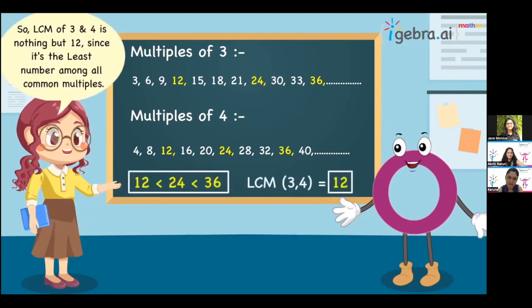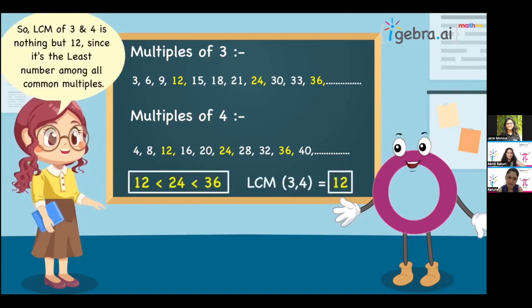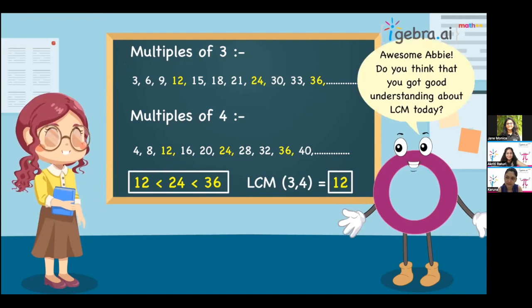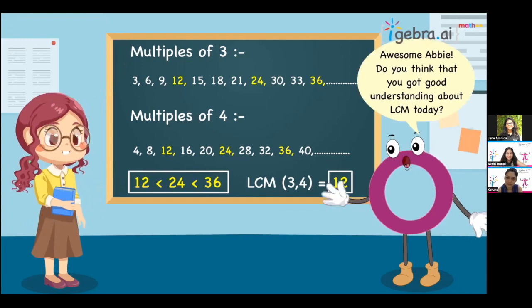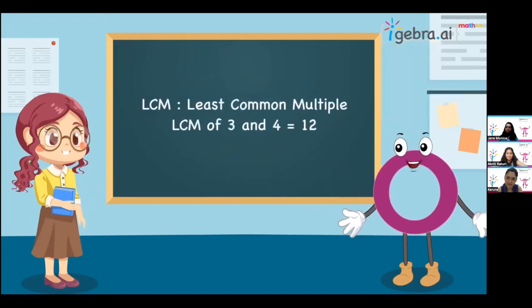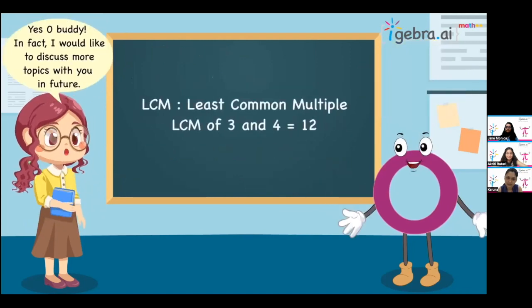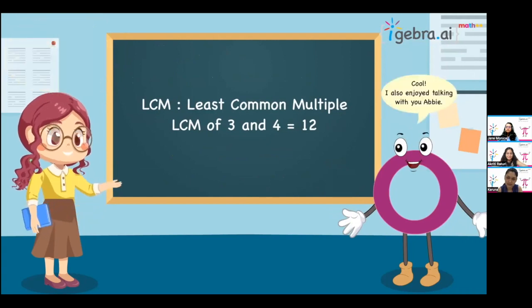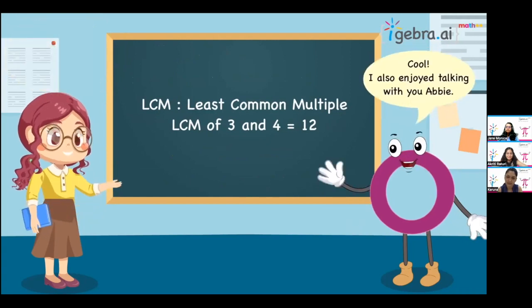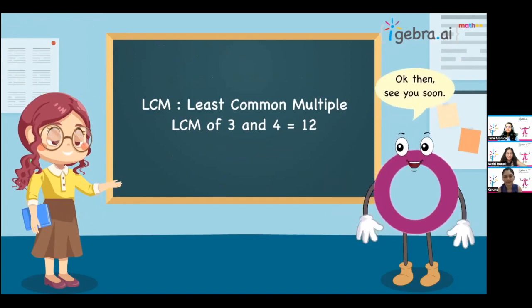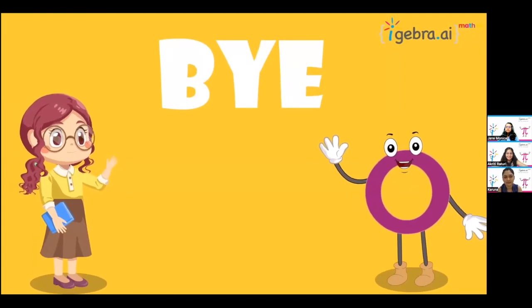So LCM of 3 and 4 is nothing but 12, since it's the least number among all common multiples. Awesome, Abby. Do you think that you got a good understanding about LCM today? Yes, iPi buddy. In fact, I would like to discuss more topics with you in future. Cool. I also enjoyed talking with you, Abby. Okay then, see you soon. Bye. Bye.